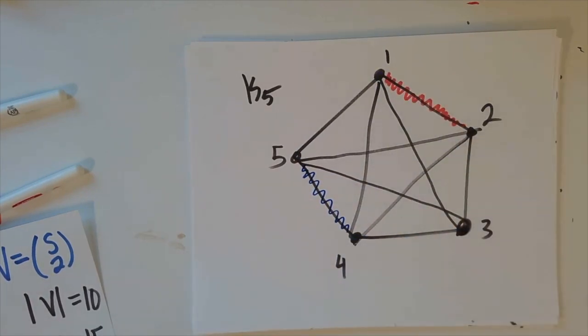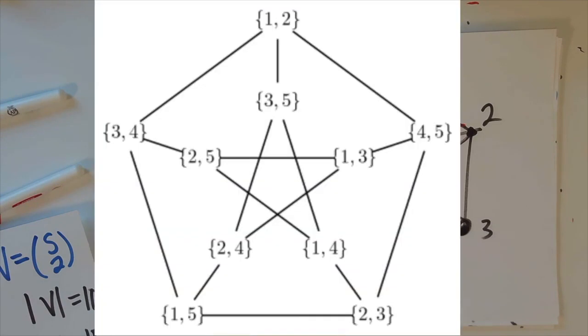So this empty intersection business that defined the Petersen graph corresponds to saying, okay, every edge in the Petersen graph is a pair of edges in K5 that don't share a point in common.